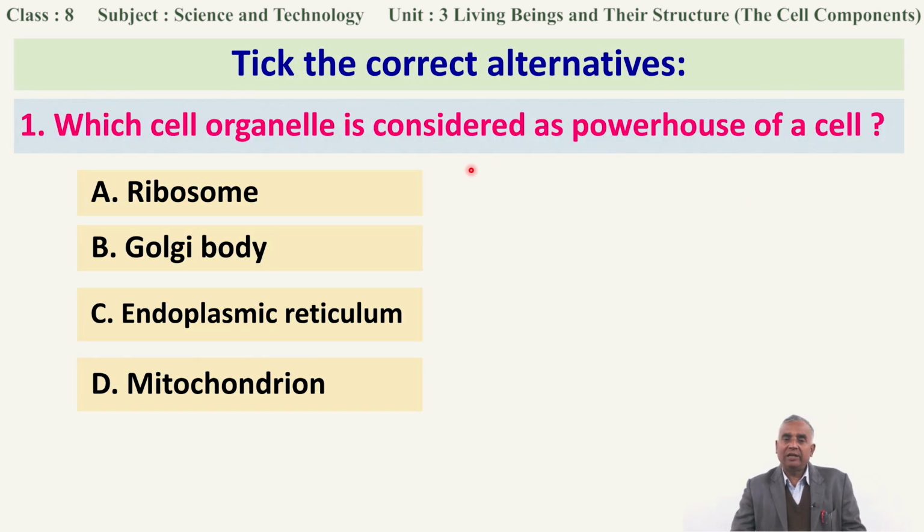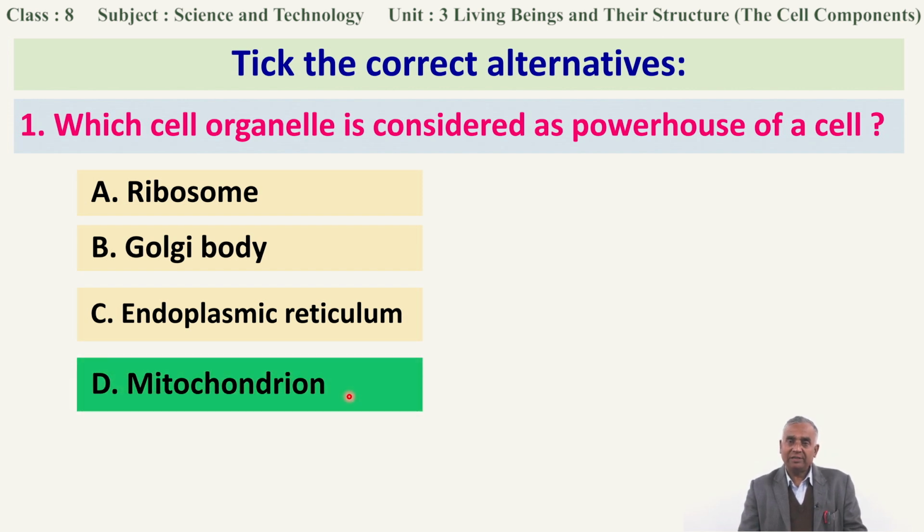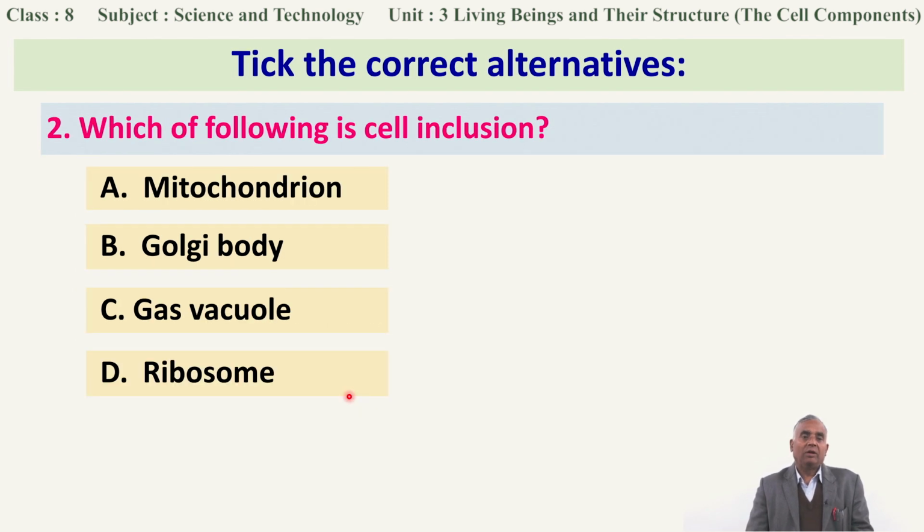So, after that, let's see how much you have understood. Which cell organelle is considered as the powerhouse of a cell? Ribosome, Golgi body, endoplasmic reticulum, or mitochondrion? So, I think you have easily guessed it is what? Mitochondrion, or plural mitochondria. Now, next question is, which of the following is a cell inclusion?